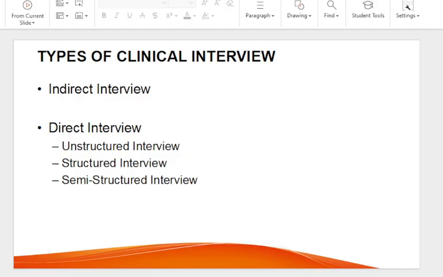Now the unstructured interview, unlike the structured, which we are going to be discussing next, does not have a set list of questions that they go by. It looks similar to an indirect or non-directive interview, but in the case of the unstructured interview, interjection is allowed, where the therapist picks up cues from the client and then directs questioning towards that cue.